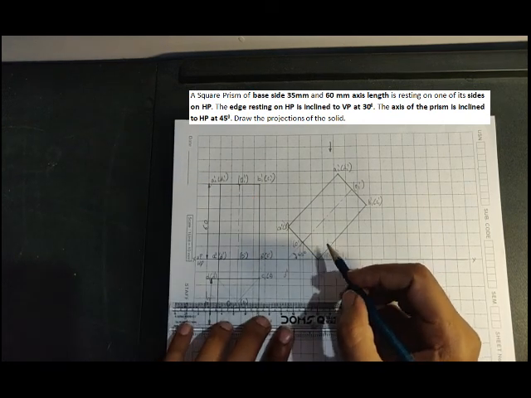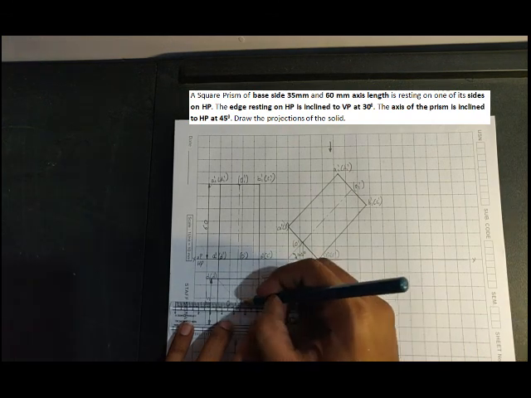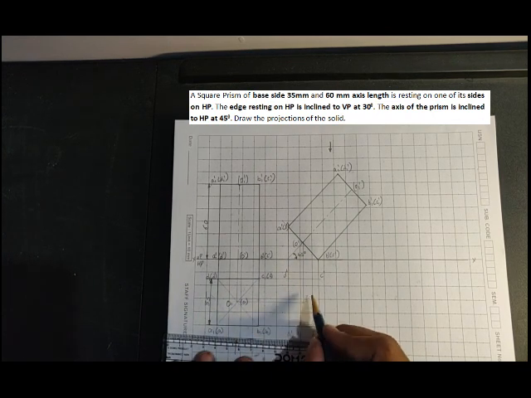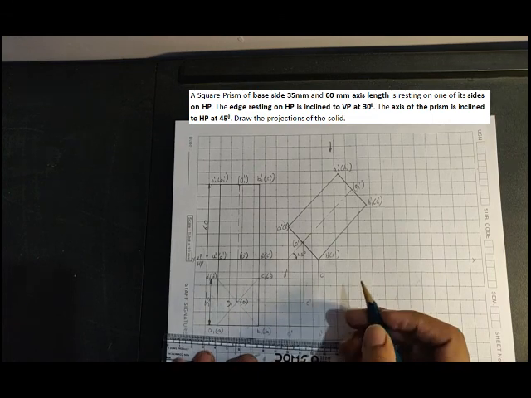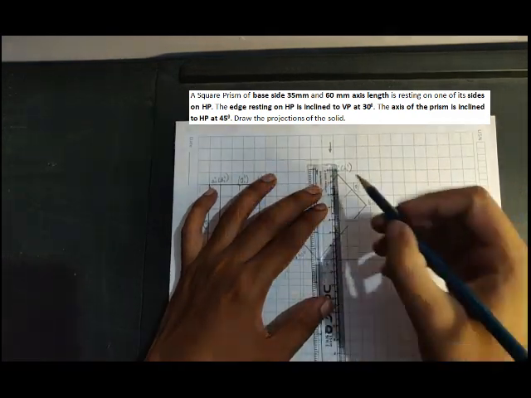Okay, see, as I told, please bear with the diagram. I hope you are understanding the concept, right? So make sure that these kind of overlapping are avoided. Okay, O dash. I'm not worried about which is visible, which is hidden. I'm just naming it. Similarly, I'll project the top surface here.